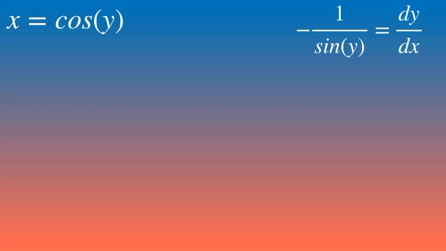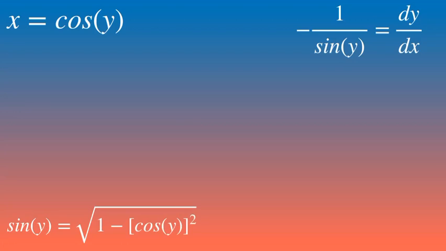So what we do here is we can write sine in terms of cosine, and by using trig identities, you can get sine of y equals the square root of 1 minus cosine of y, the whole squared, and we're taking the principal root this time.